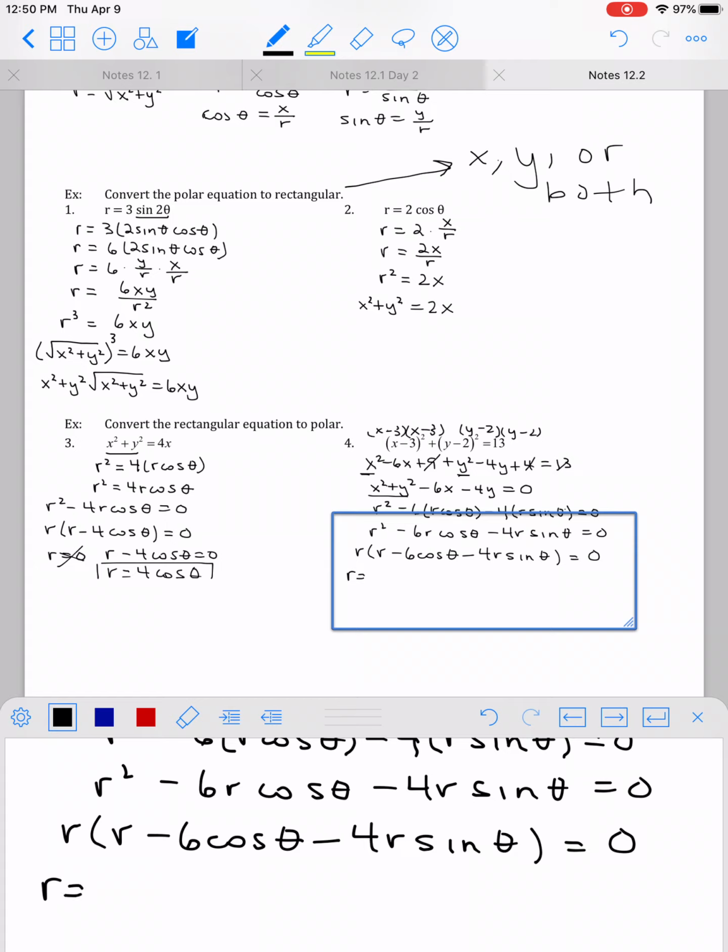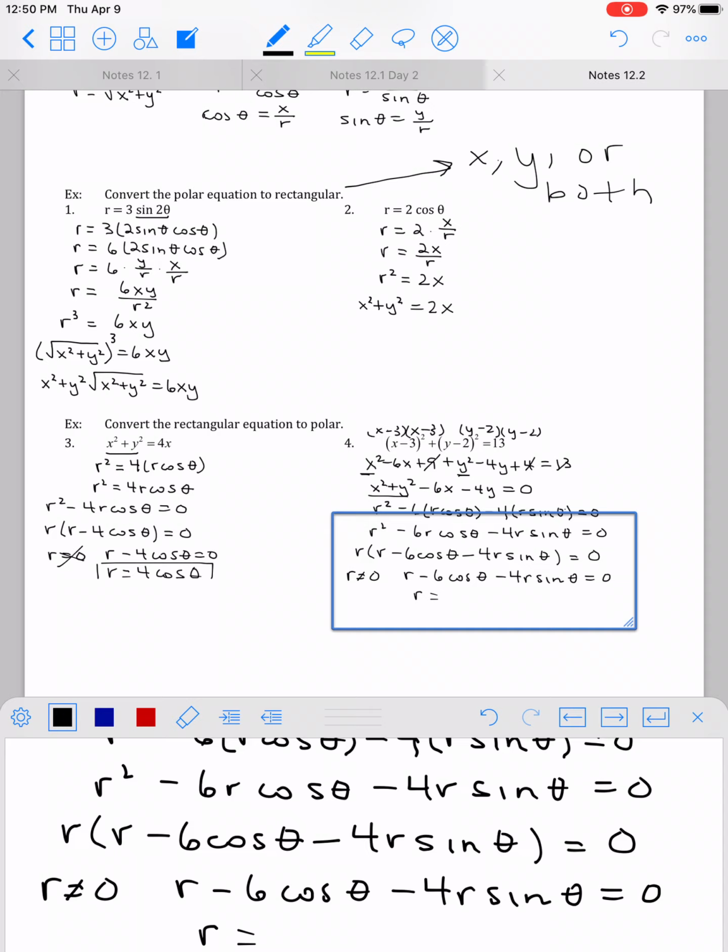Again, directed distance cannot be 0. So r minus 6 cosine theta minus 4 sine theta equals 0. So then r equals 6 cosine theta plus 4 sine theta.